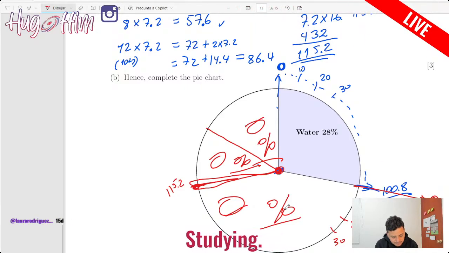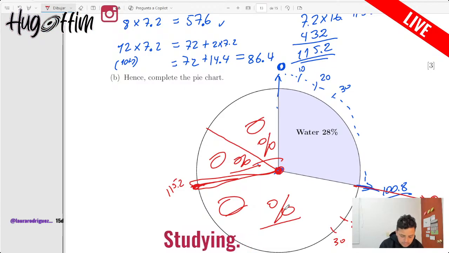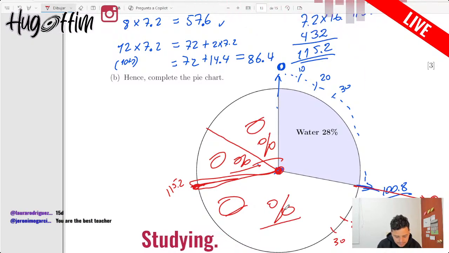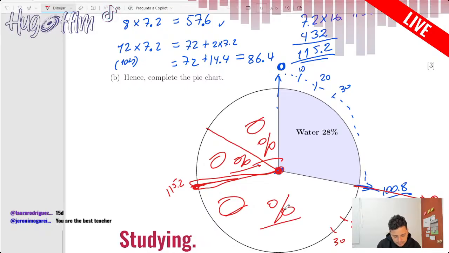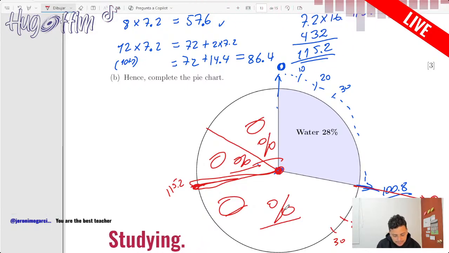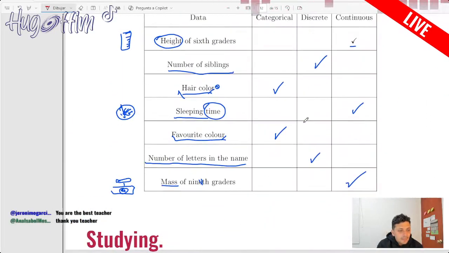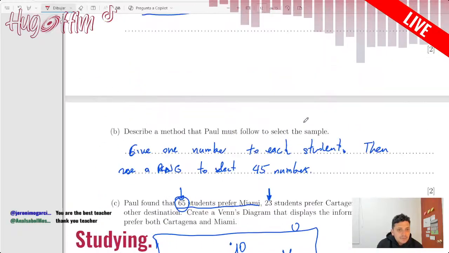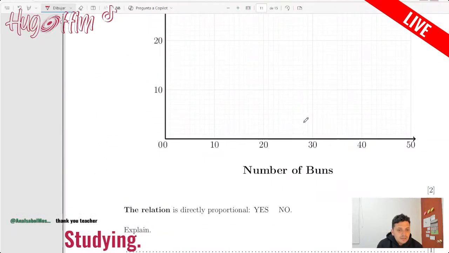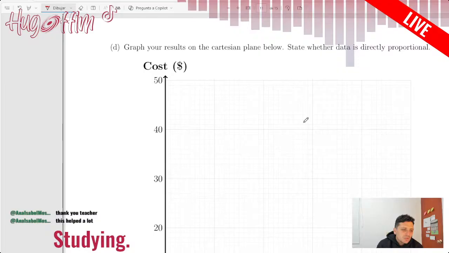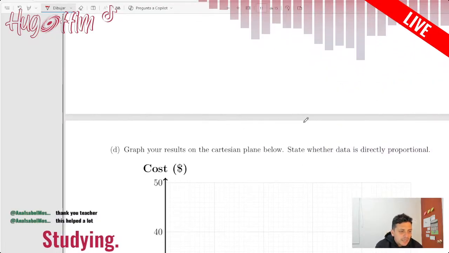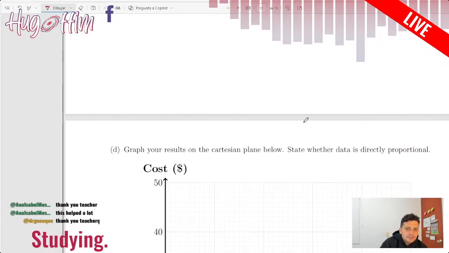15D. Come on, I'm not going to do 15D because I need to do 15A and 15B.